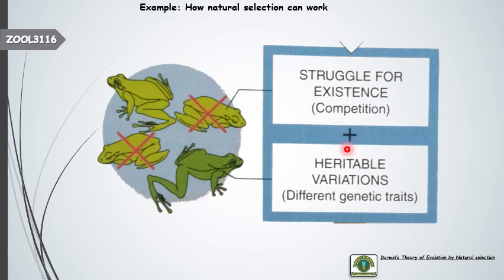When they are competing with one another, their heritable variations, their genetic traits, help them to compete. Those who don't have the heritable variations, who don't get the favorable traits from their parents, could not compete, could not defeat the others, and ultimately die, and only the others could survive in a population.